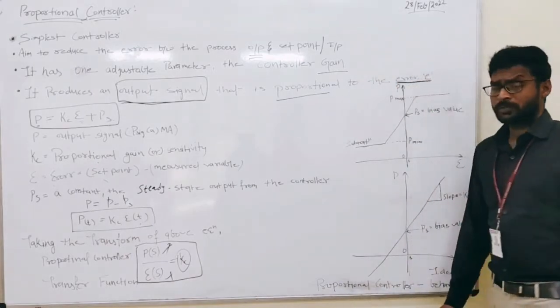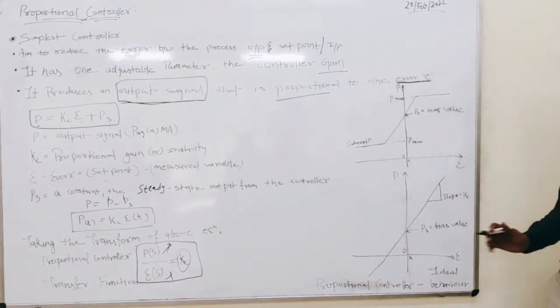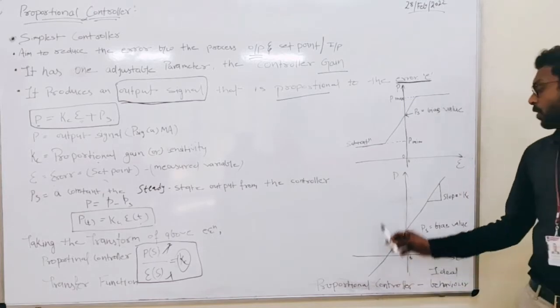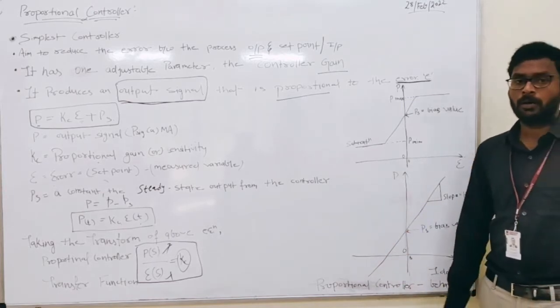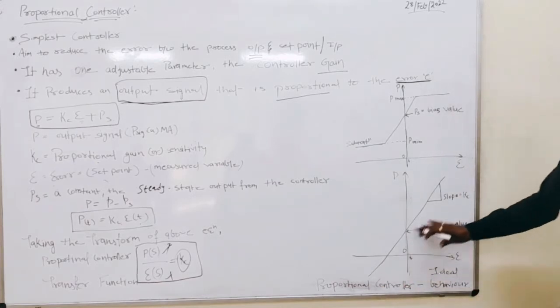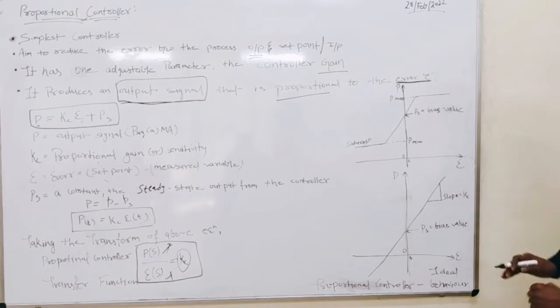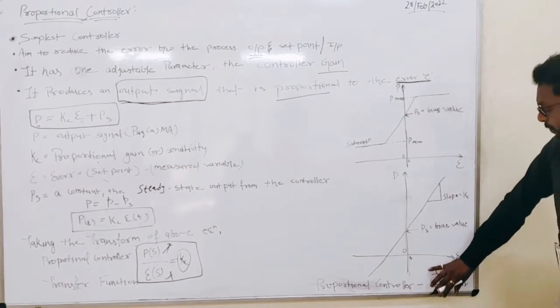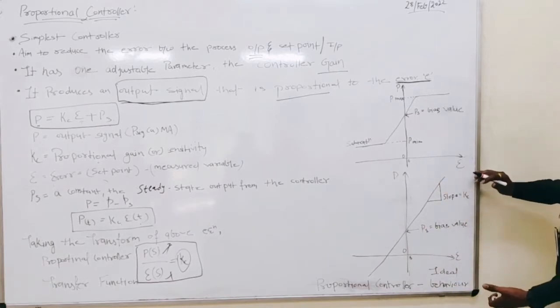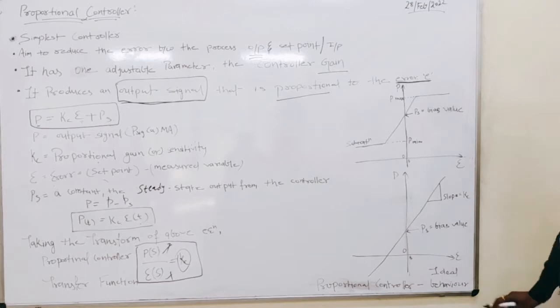Now, when first we get this diagram, this is the behavior of the proportional controller. In the ideal condition, it will be a steady state straight line. This is the ideal condition graph of the proportional controller.